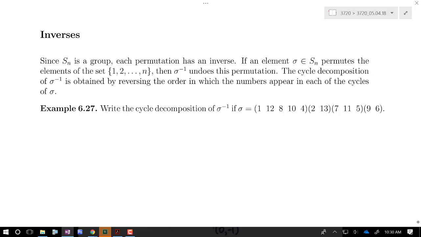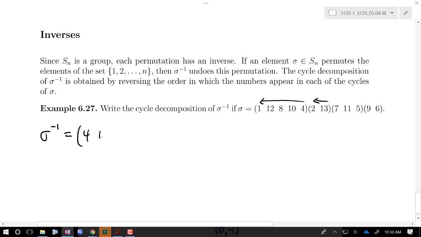If we have an element written in cycle notation, figuring out the inverse is as simple as reversing the order of the elements in each cycle. So if this here is an element in S13, our sigma element, then sigma inverse is going to end up being each of these cycles written in reverse.